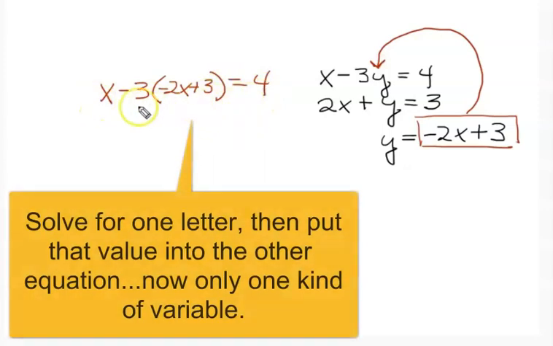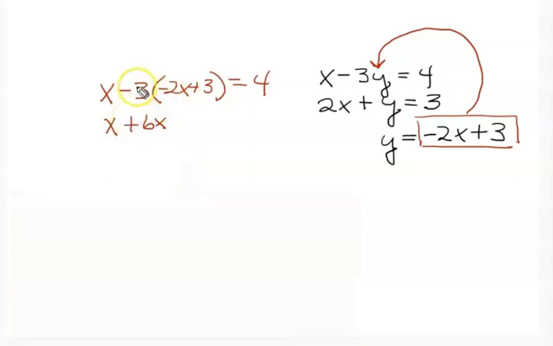Now I solve an equation with only one letter as a variable. So this is x. Now, negative 3 times negative 2x is a positive 6x. Negative 3 times a positive 3 is a negative 9. And then this equals 4.